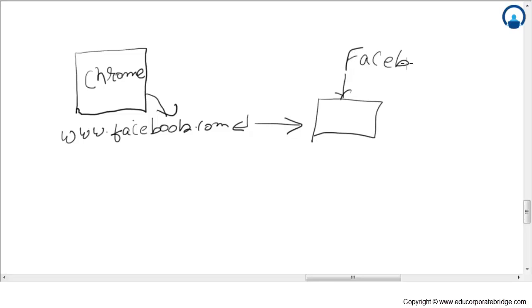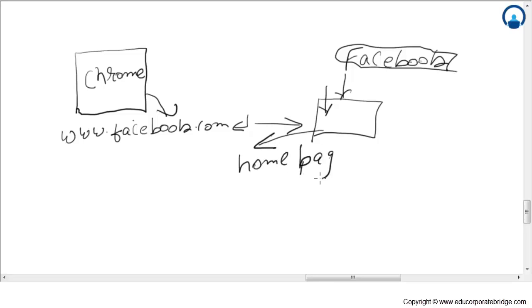Each website is hosted on a server, and this request will go directly to that Facebook server, and in turn this server will give back the response, and it will load the home page of Facebook. On that home page you can log in with your ID and password, and if you don't have a login ID or password, you can just create a new account.